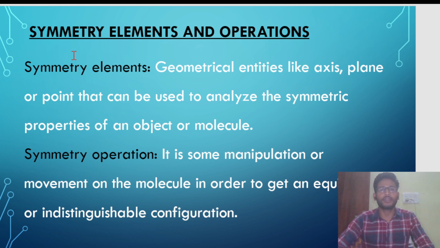Means symmetry elements are geometrical entities. They may be an axis, plane, or point around which we can perform symmetry operation. And what is symmetry operation? Symmetry operation is the movement of the molecule in order to get an equivalent or indistinguishable configuration or orientation.